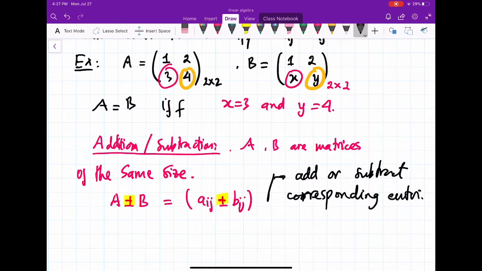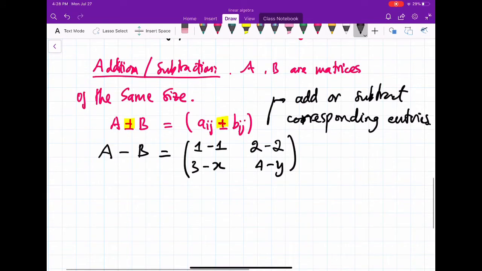entries. Okay, so like I want to consider A minus B. So I have 1 minus 1 in here, 2 minus 2, 3 minus x, and 4 minus y. You see, and that is what?